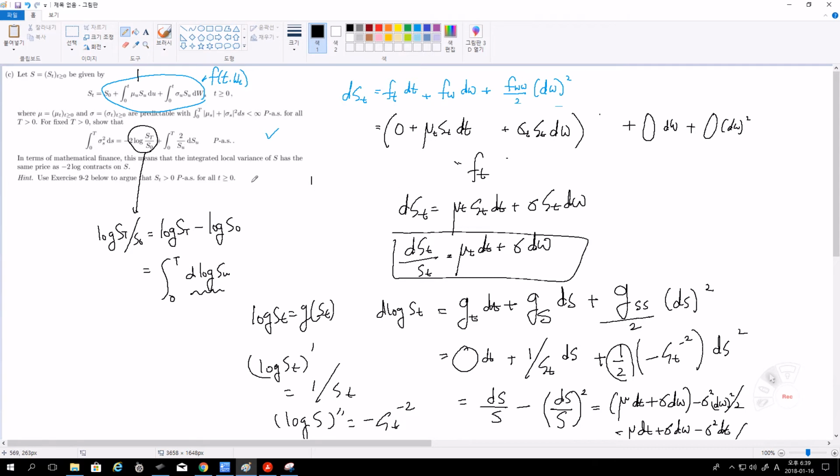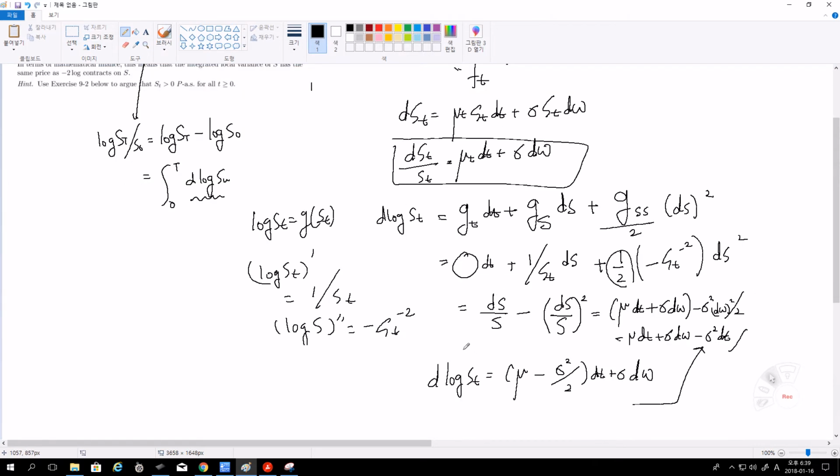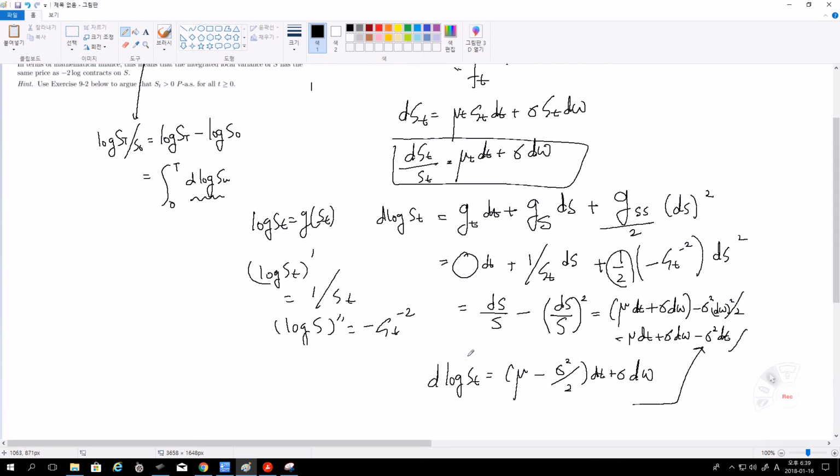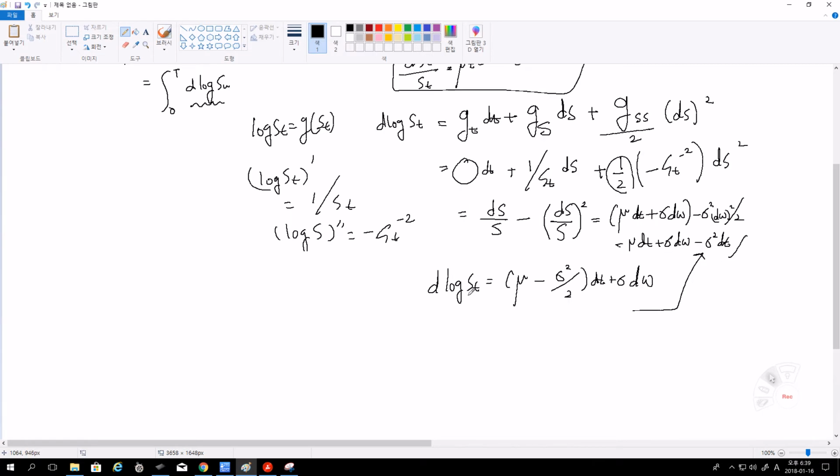So now we have this term. If we integrate, let's do the integration over each side.